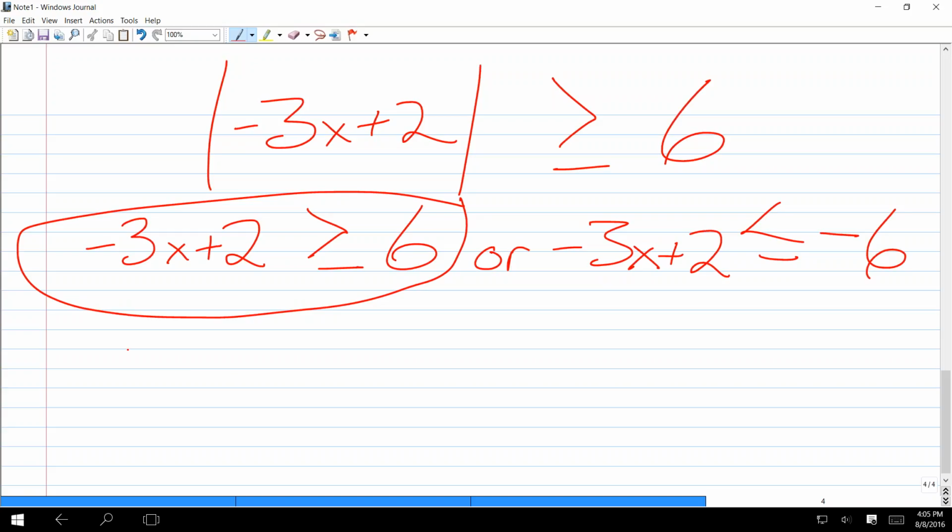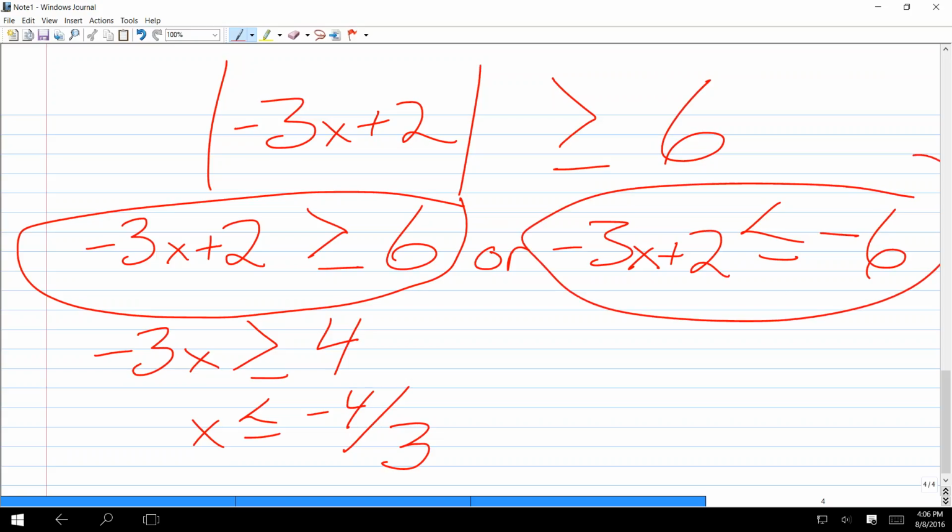Alright, so subtract the 2, so you get negative 3x greater than or equal to 4. Then divide by negative 3, and you get x is less than or equal to negative 4/3. Very good. And then solve this one. Alright, so subtract the 2, and you get negative 3x is less than or equal to negative 8.